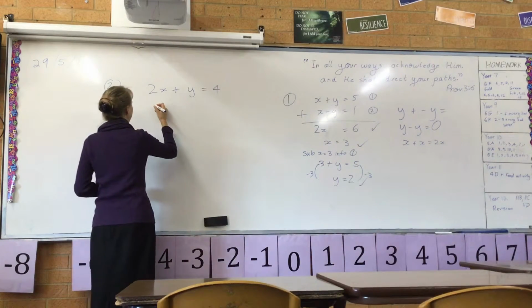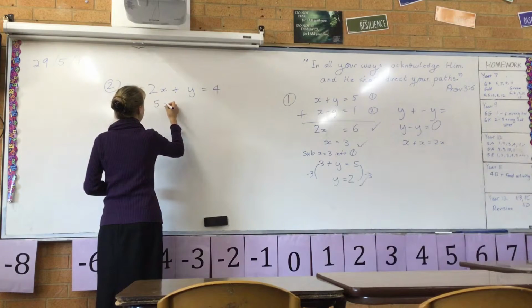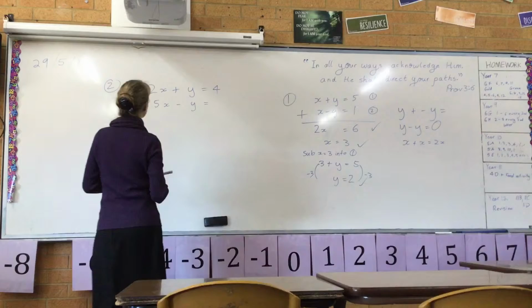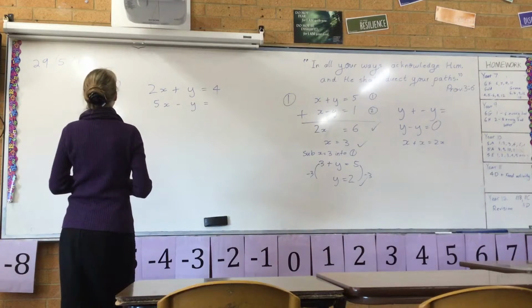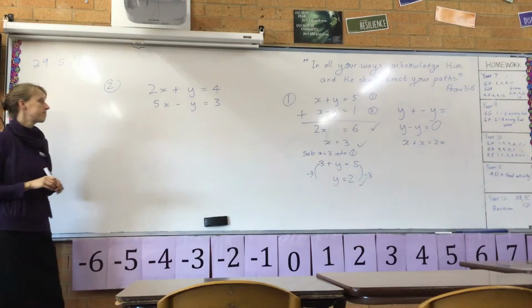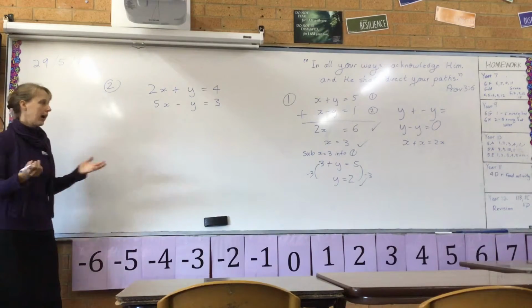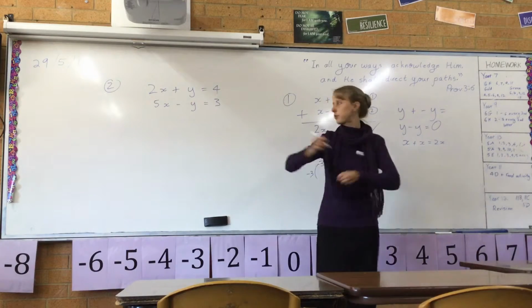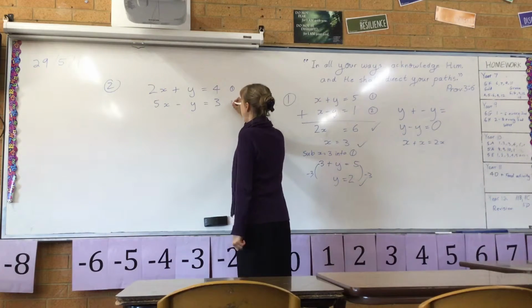And I have 5x minus y equals 3. Okay, so I have my two equations here. I'm going to call this equation 1, equation 2.